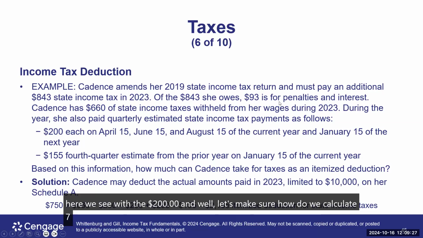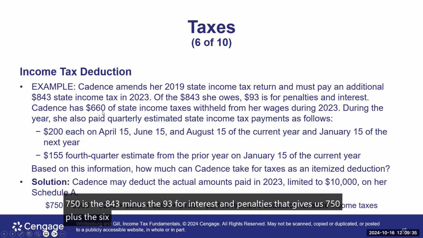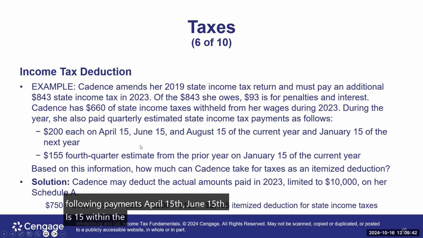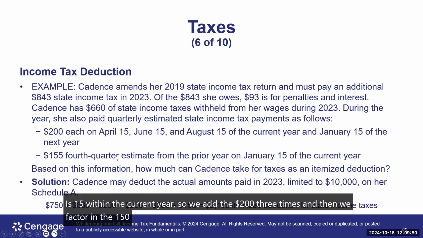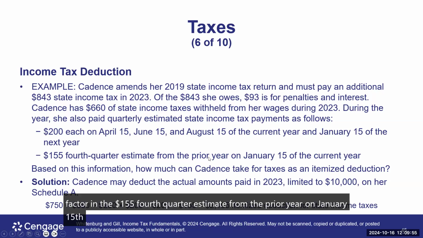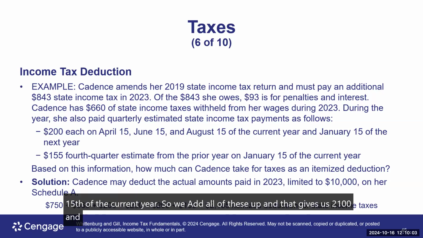It's the 843 minus the 93 for interest and penalties. That gives us 750, plus the 660 of state income taxes. And then she made the following payments: April 15th, June 15th, and August 15th within the current year. So we add the $200 three times, and then we factor in the $155 fourth quarter estimate from the prior year paid on January 15th of the current year. We add all of these up, and that gives us $2,165.